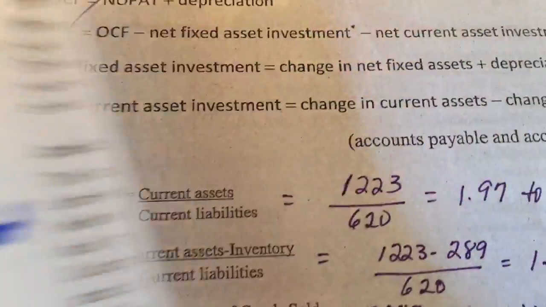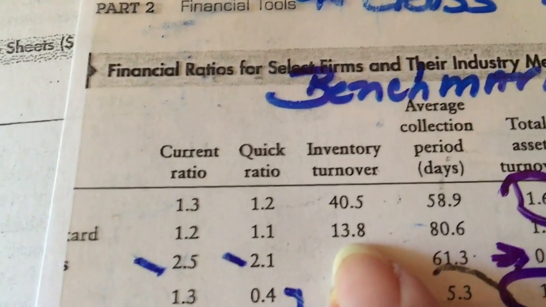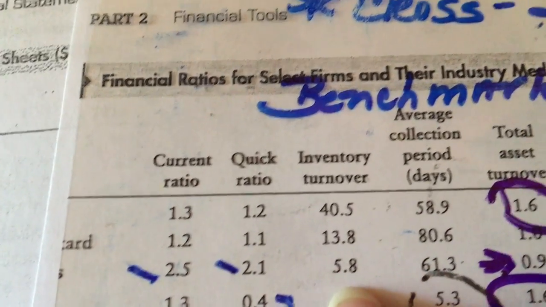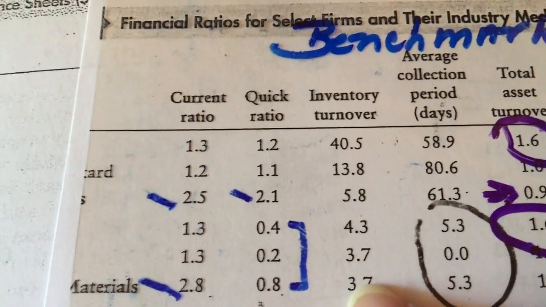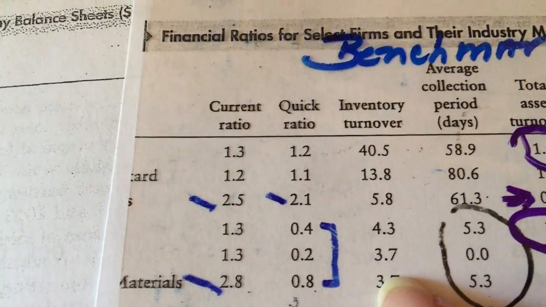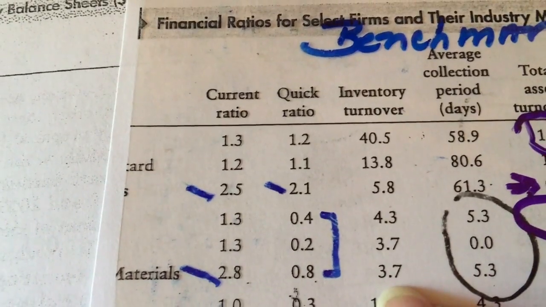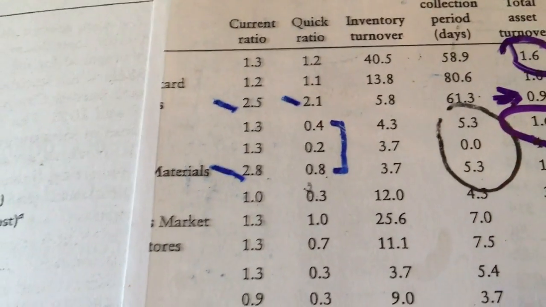If you go to your benchmark sheet, inventory turnover, notice up here, if it's computer, it's 40 times for Dell, 13.8 for Hewlett-Packard, 5.8 for the industry as a whole. If it's Home Depot and Lowe's, we're looking at 4.3 to 3.7 for the building material industry.